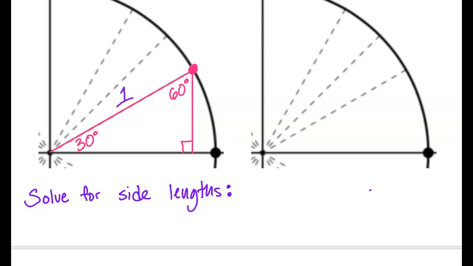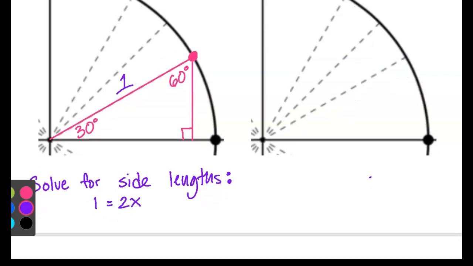Right, yeah, the side across from the 90 is always 2x. So here, our side length across from the 90 is 1, and it has to be equal to 2x. So in order to solve for x, I divide by 2. So here, x is a half.